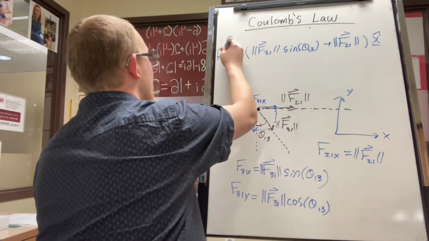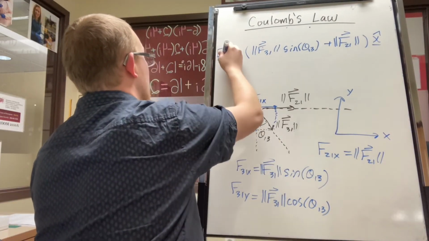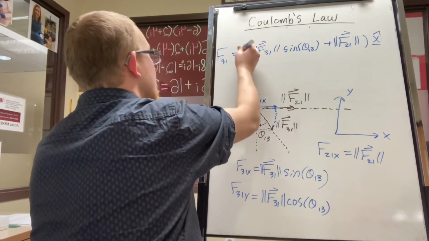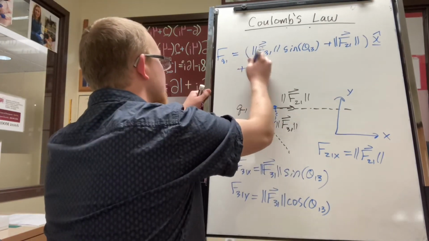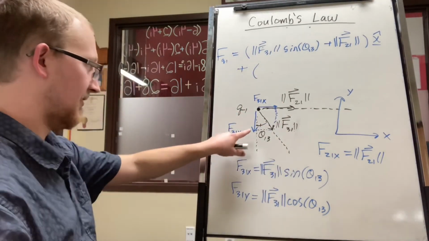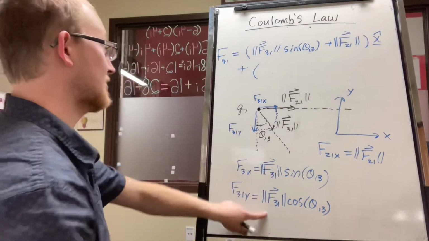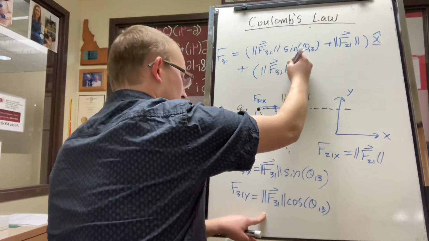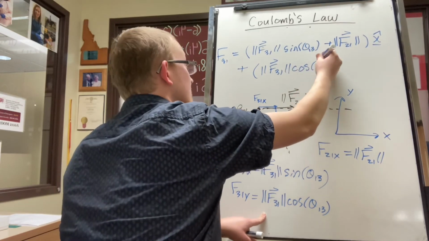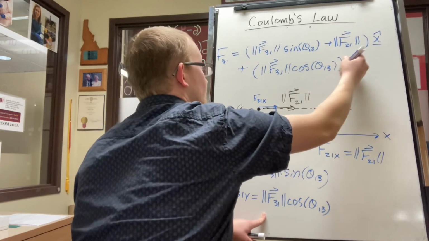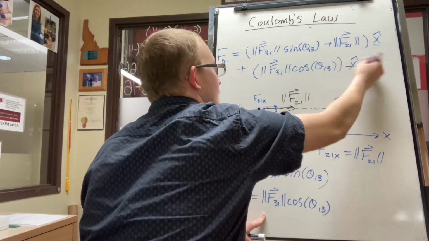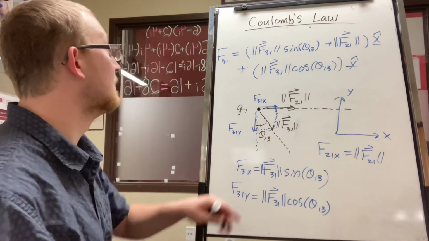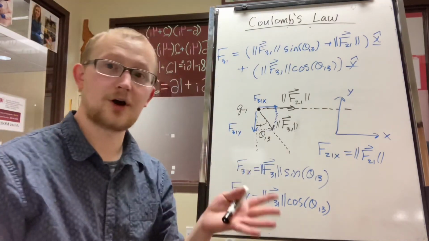So this is our resultant force. Total force on Q1 is equal to this x component plus, we know that the only vector with the y component was F3,1, and that's just equal to the magnitude of F that 3 applies to 1 times cosine of theta 1,3 in the y direction. All right, so this is the final force that's being applied on the charge 1.